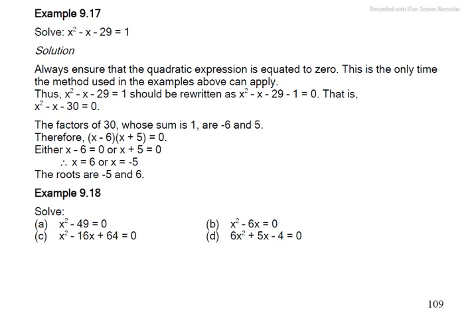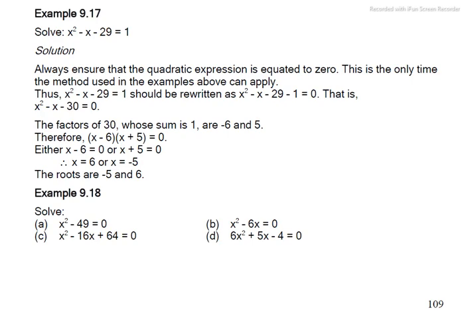So we must take the 1 to the other side so that we get x squared minus x minus 30 equals 0. Because when the 1 crosses the equal sign, it becomes negative, and it gives us negative 30.